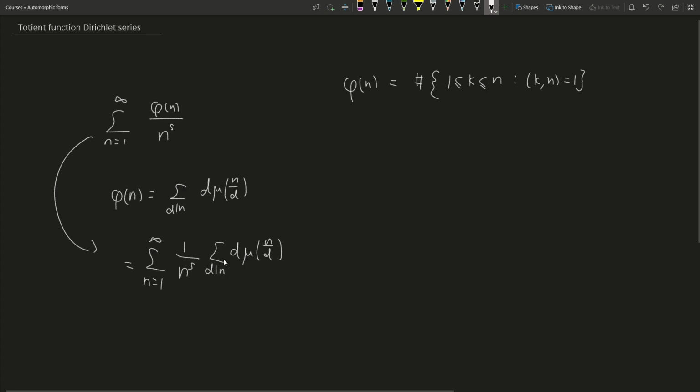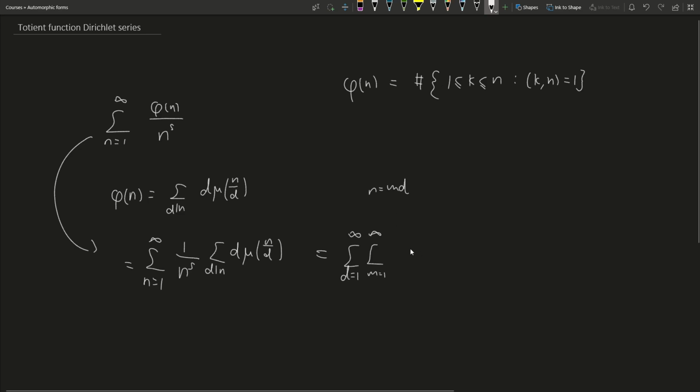And when we have a sum like this, we can write it as a sum with d going from 1 to infinity and a sum with m going from 1 to infinity. Here we're writing n equals md, and you can check that this double sum and that double sum range over everything once. This is a legitimate transformation.